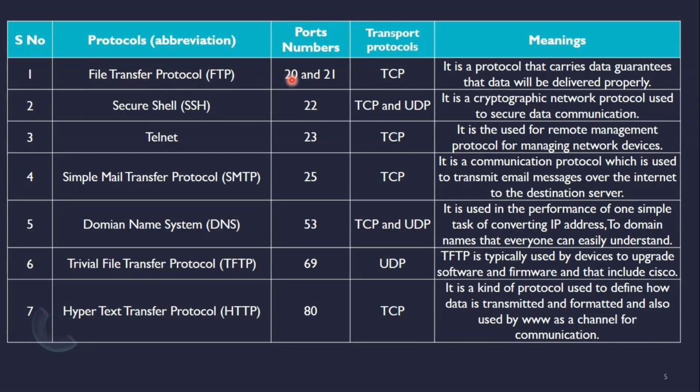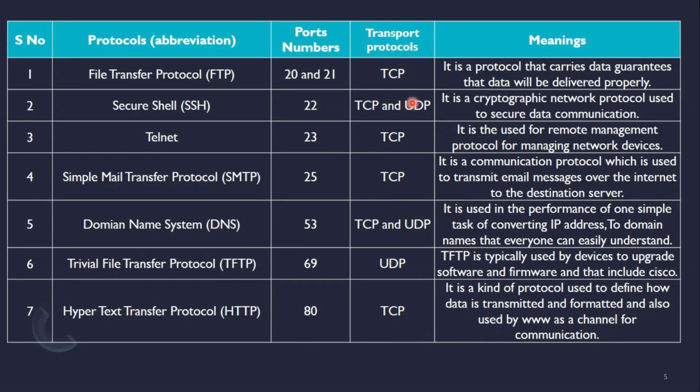Generally it has two port numbers, 20 and 21, and this is a TCP connection. TCP is reliable, and UDP is not reliable, because a TCP connection has a three-way handshake, with request and acknowledgement. In a UDP connection we don't have any such three-way handshake. But TCP is a little bit slow.